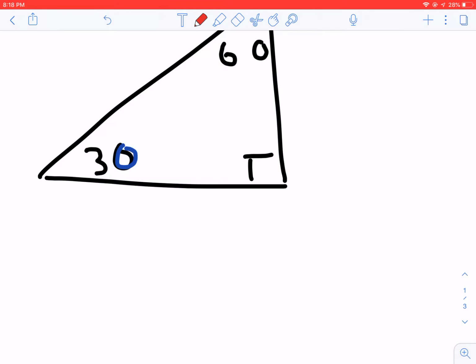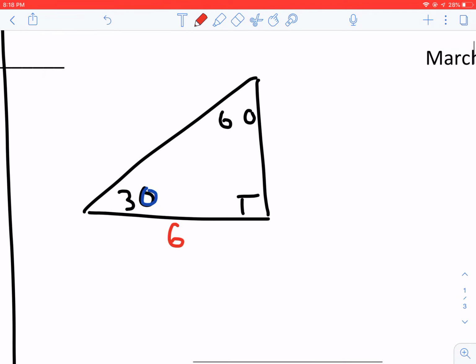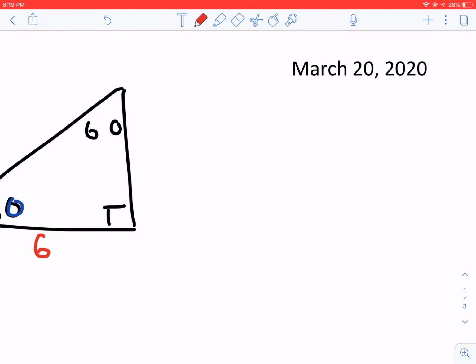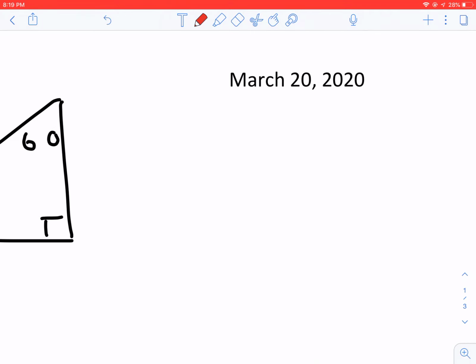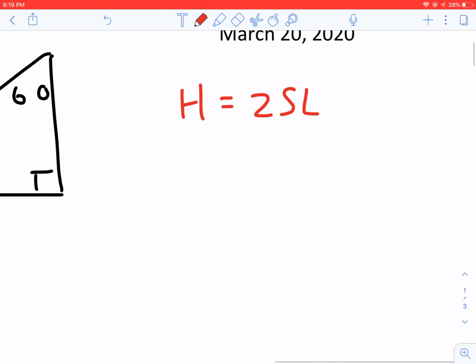So for example, let's say this side length was 6 and you had to find the length of the hypotenuse. Well, we're going to use the same relationships that we saw when we derived our special right triangle relationships. In the 30-60-90, the hypotenuse is equal to twice the length of the shorter leg, and the longer leg is radical 3 times the length of the shorter leg.